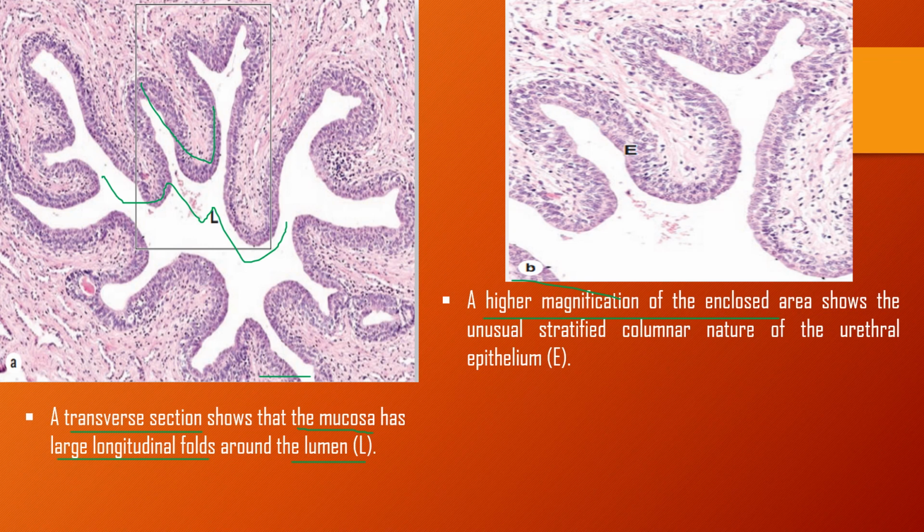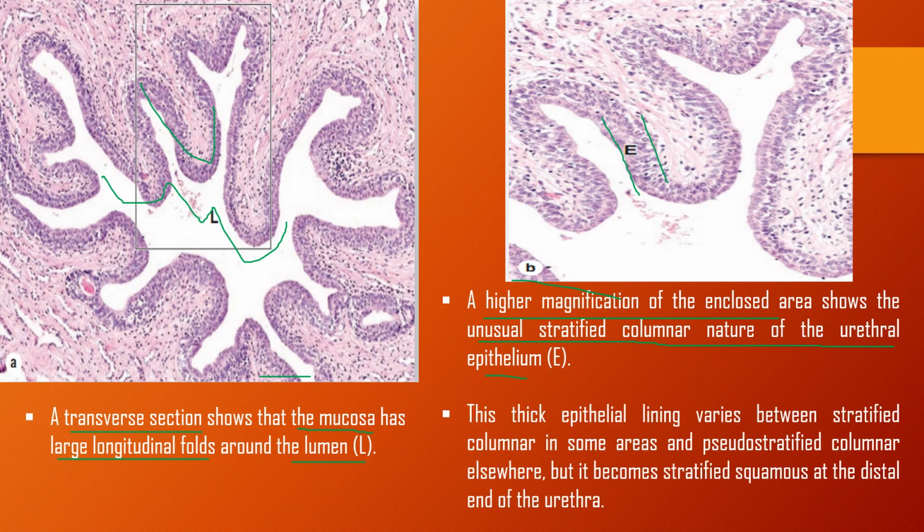It shows the unusual striated columnar nature of the urethral epithelium as you can see here. This thick epithelial lining varies between striated columnar in some areas and pseudostratified columnar elsewhere, but it becomes stratified squamous at distal end of the urethra.